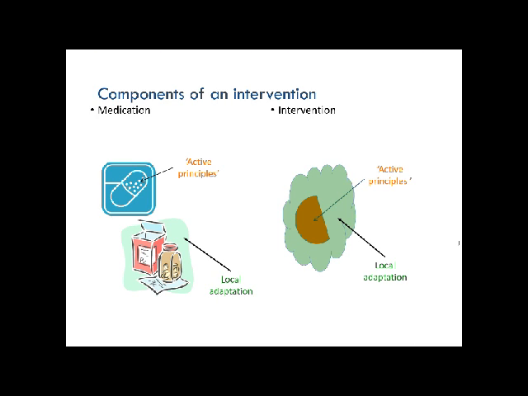It is helpful to understand intervention components if we compare them to the active principles in a medication. Imagine the bottle, the package, and even the color of the capsules could be different in each place, but the main active principles that make the medication work must be kept intact.